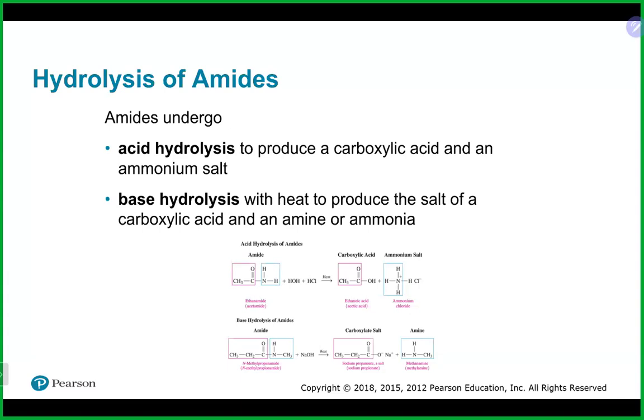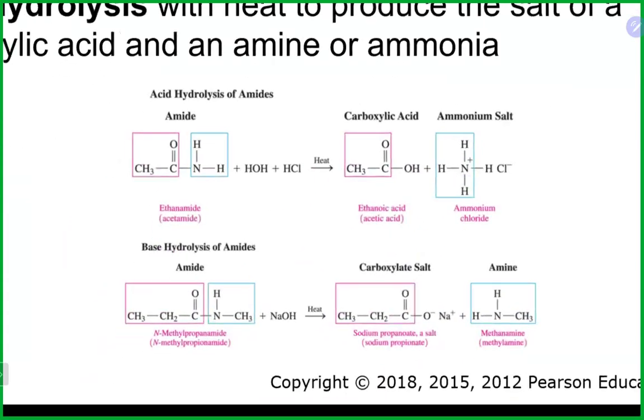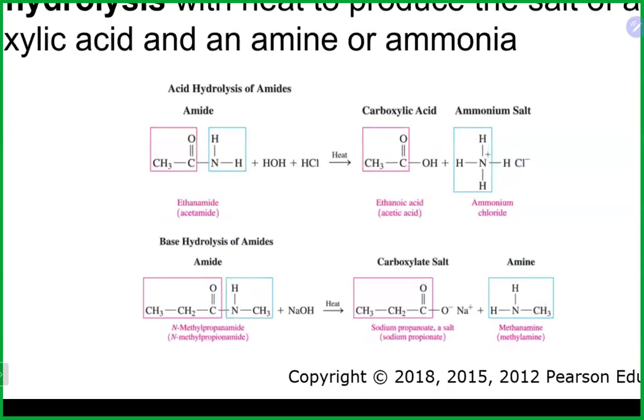Here in the acid hydrolysis, we will end up with a carboxylic acid and an ammonium salt. So we'll just kind of look at that there. So if we take a look at it, here is our amide, and obviously where they come together is essentially where we're going to break it apart. So if you had to, that is really where you want to start.